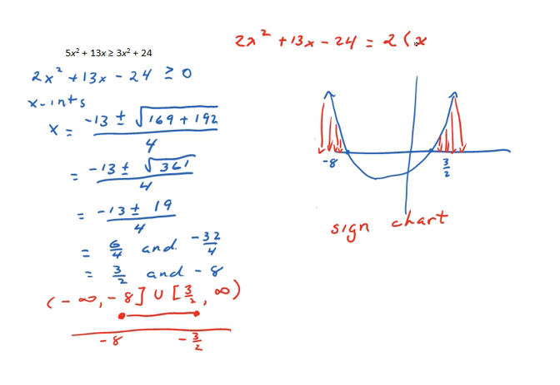It would be x minus -8, which would be x plus 8, times x. And I'm sorry, I put a -3/2 on the number line. It should have been a positive 3/2. So x minus 3/2.